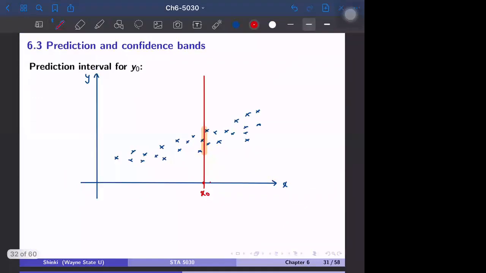Okay, so next, the prediction interval. The confidence interval is for the regression line, and the prediction interval is for observations. Maybe the prediction interval is more intuitive. The prediction interval at x equal to x0 means that if a new observation is on this red line, 95% of the observations belong to this interval.